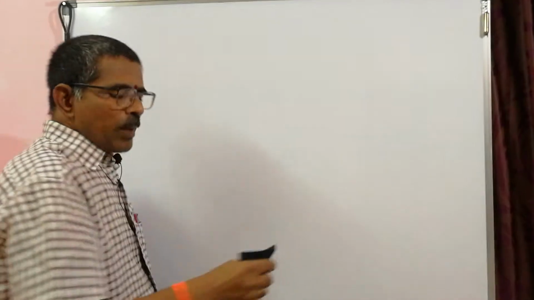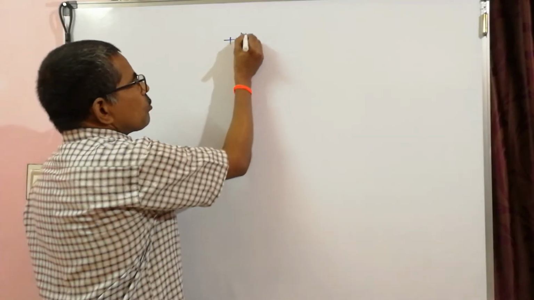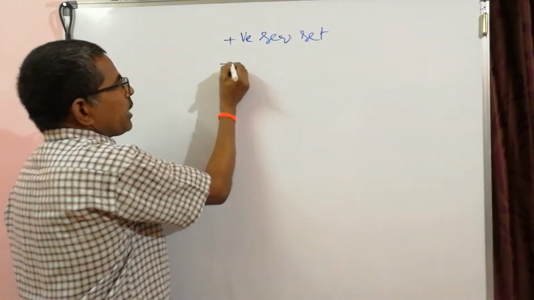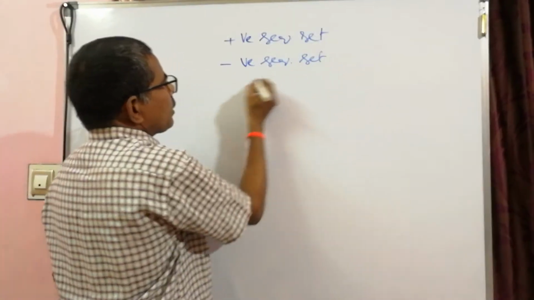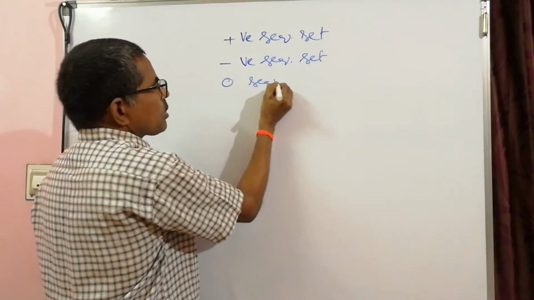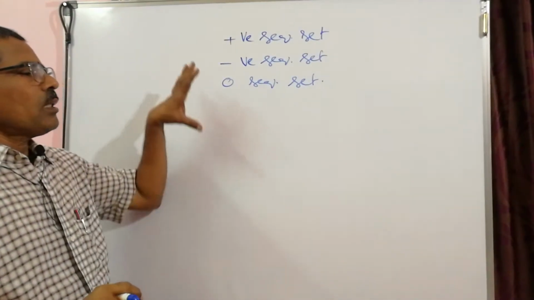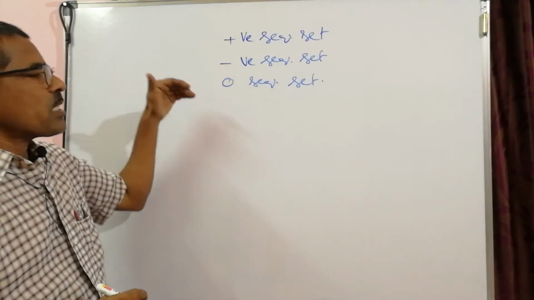Such an unbalanced system can be resolved into balanced sets of phasors. And what are those 3 balanced sets of phasors called? One is the positive sequence set. The second one is the negative sequence set. Third is the zero sequence set. So, 3 balanced phasor sets: first set, second set, third set.